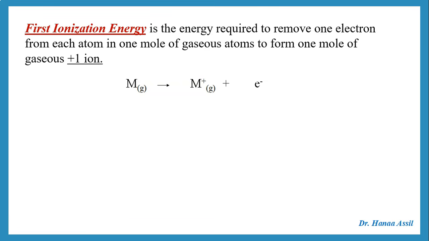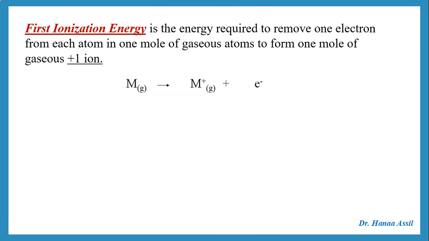And the amount of energy that is denoted for first ionization energy is actually the energy required to remove 1 electron from each atom in 1 mole of gaseous atoms. So I have 1 mole of gaseous atoms of a certain atom. We remove the electrons in this 1 mole of gaseous atoms. This is called the first ionization energy. And of course, if I remove 1 electron from atoms, they become plus 1 ions.